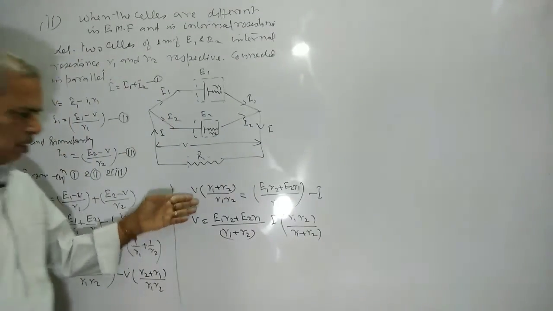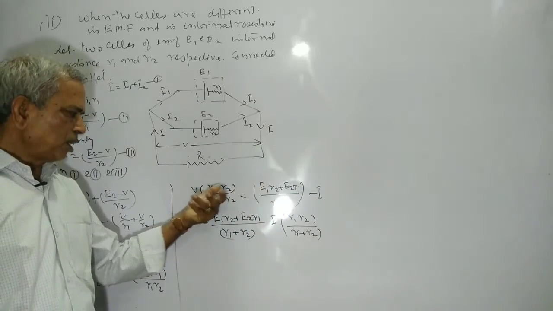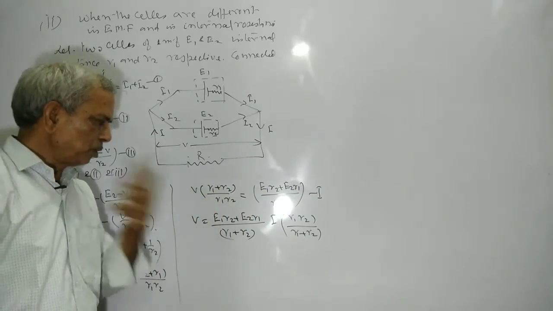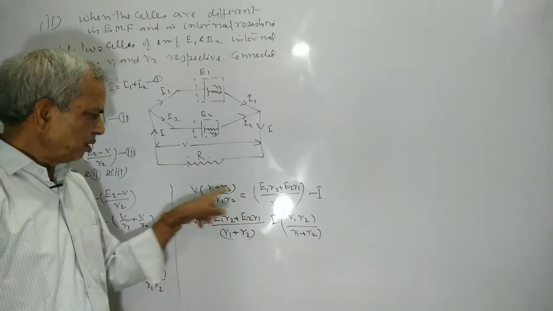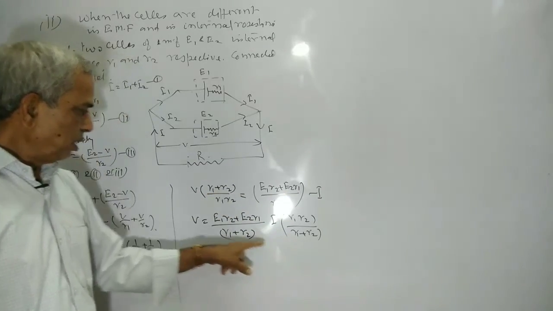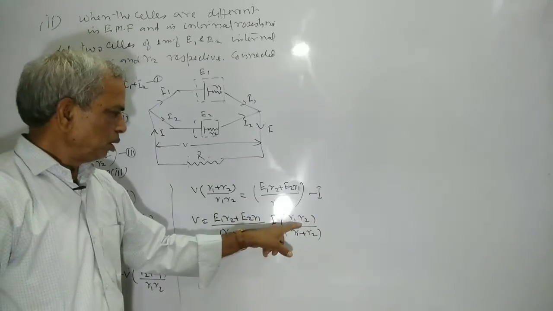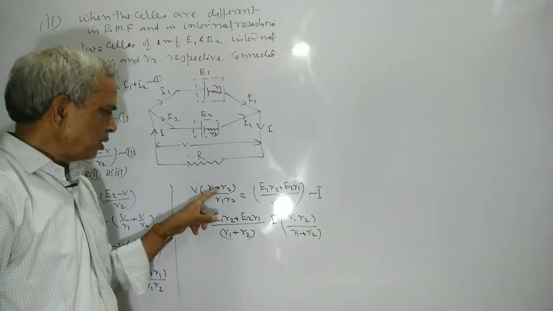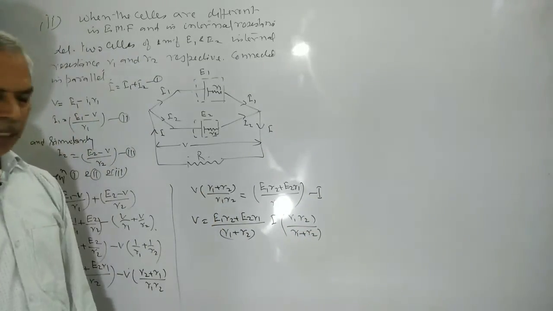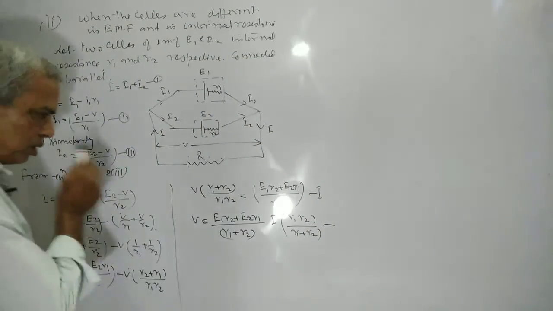Here R1 R2 is cancelled, and R1 plus R2 goes in the denominator. Then this is our fourth equation.